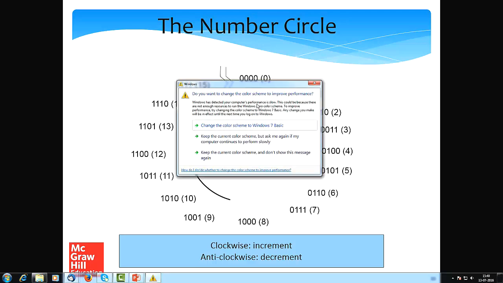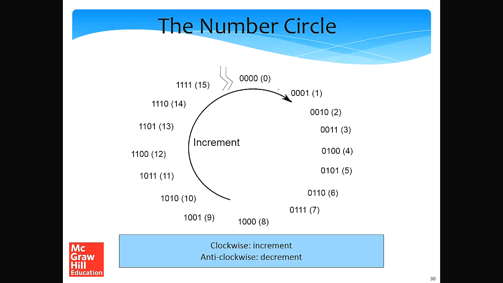Let's consider the set of all 4-bit numbers and try to represent them as a circle. So this is called a number circle. So let's just consider 0, 1, 2, 3, 4, 5, 6 till 15, from 0 till 15. Each one of them has its binary unsigned representation.